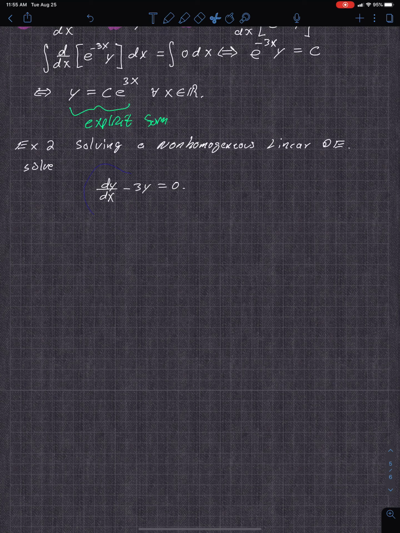Let's solve this, but now we're going to set that equal to 6. So same method as above. Apply the same method as in example 1.